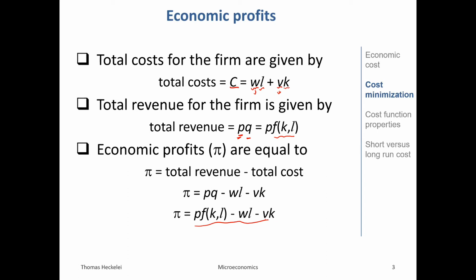And why are we interested in profit at all? I assume that in the introductory microeconomics course, they must have taught you already that the ultimate goal of the firm is making profits. That's one of the most important assumptions in production economics.